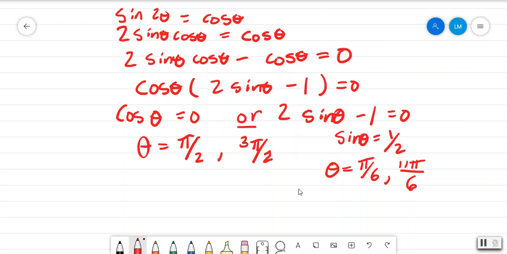If we plug in pi over 6, you get sine pi over 3, and that should give you what you want. We don't really have to account for any rotations because we're just saying it's from 0 to 2 pi. Whereas if it was unrestricted, then it would be a little bit different. So our solutions are pi over 2, 3 pi over 2, pi over 6, and 11 pi over 6.